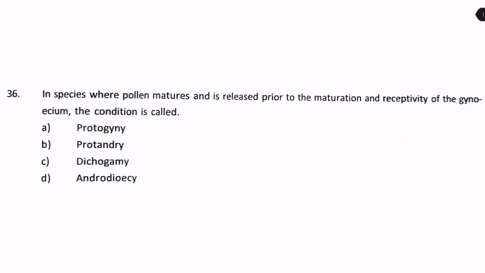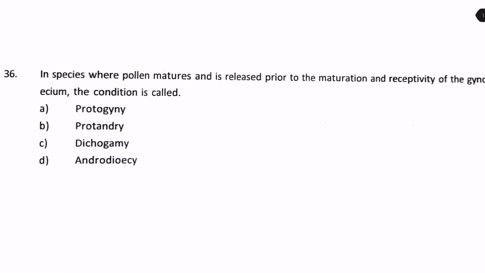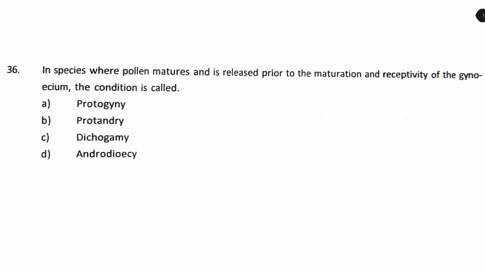So our first question is: in the species where pollen matures and is released prior to the maturation and receptivity of the gynoecium, the condition is called.